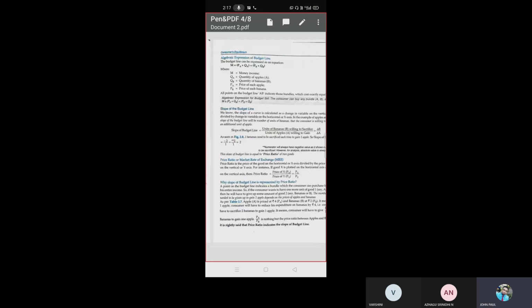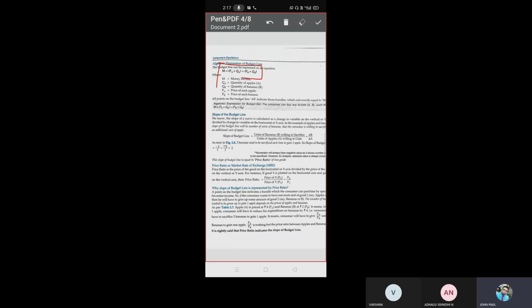This is the price of banana, and this is the number of bananas I bought, so 4 rupees. What is the total cost? That is 20 rupees. So this is the formula to calculate the budget line: P suffix A into Q suffix A plus P suffix B into Q suffix B. Got it? Clear? Any doubts? No doubt, sir. Okay, fine.